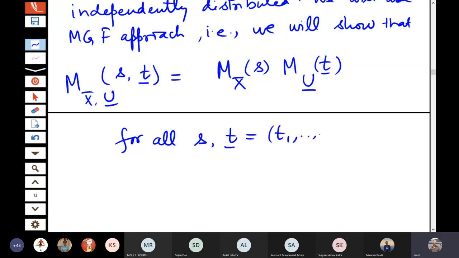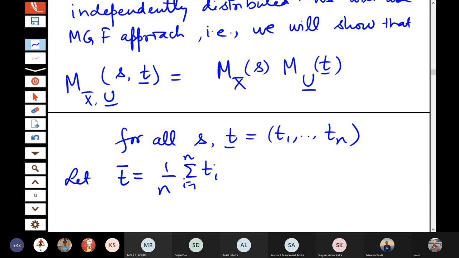T of course is an n-dimensional term. Let us take, say, t bar as 1 by n sigma ti. So we have to calculate the left hand side and the right hand side.